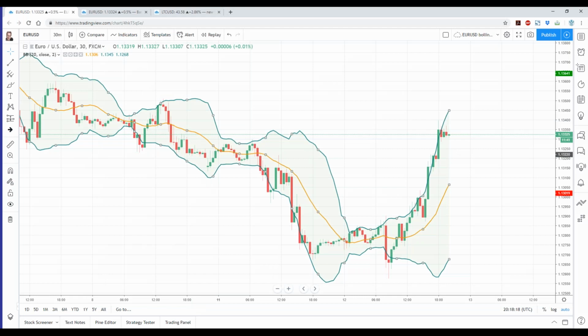So when we get price riding that lower band, that's not a sell signal. When we get price riding the upper band, it's not a buy signal. What we're looking for is the relationship between price and its upper band.